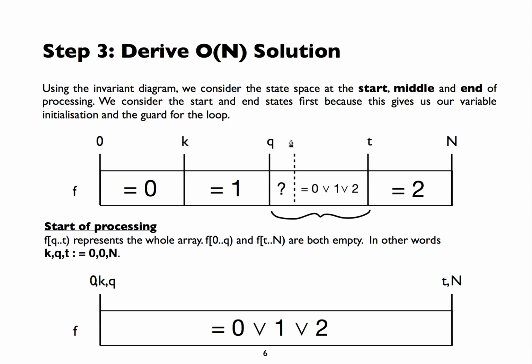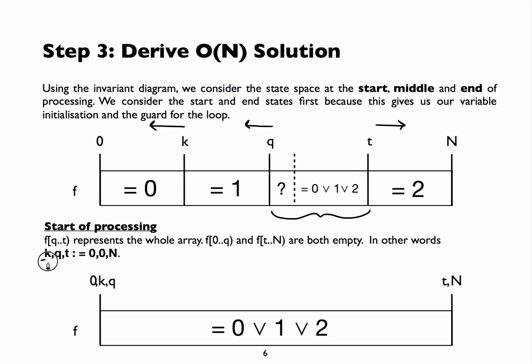So if this segment between q and t represents the entire array, well then the only way to expand this segment is for q to go that way. And if q goes that way, k needs to go that way. And for t to go this way. And if we do that and roll backwards, bring q and k to the left and t to the right, well, k will be 0, q will be 0, and t will equal n.